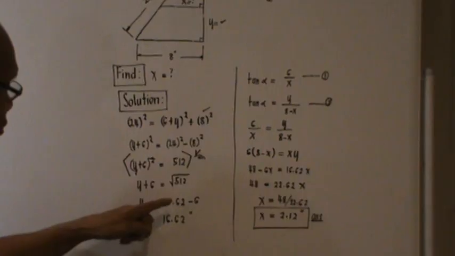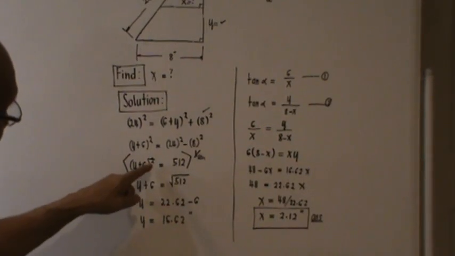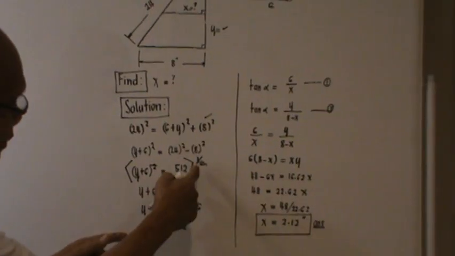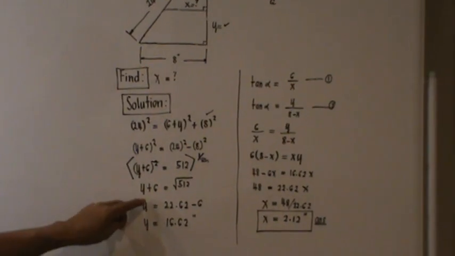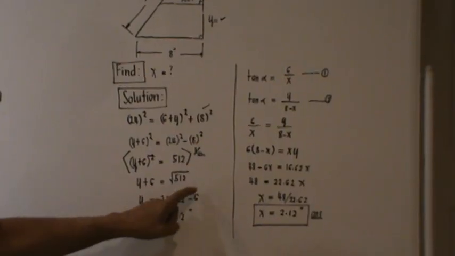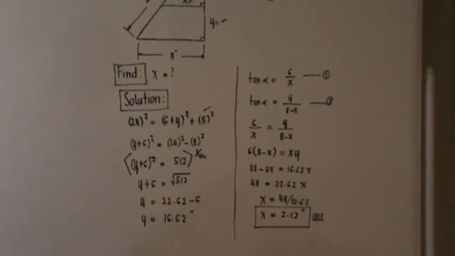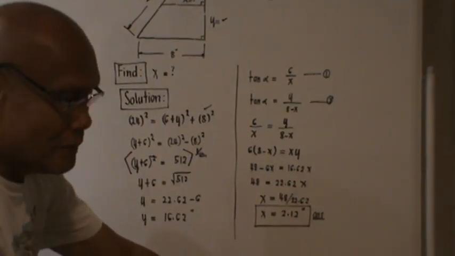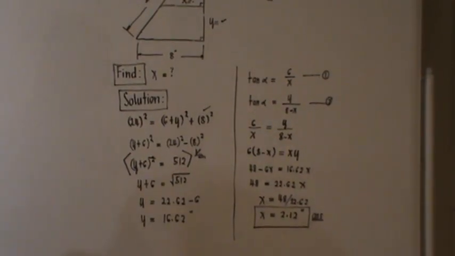Right? So we eliminated already the power 2 on the left hand side by raising both sides of the equation to the 1/2. So what remains on the left will be y plus 6, and this should be equal to the square root of 512. And if we try to take the square root of this one, 512 is not a perfect square.